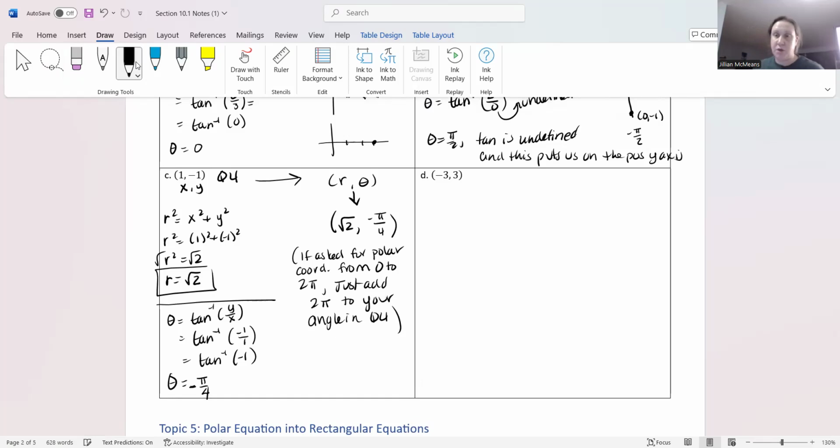This is only going to be an issue if you fall in quadrant 4, okay? And again, it just depends on if you're asked to find polar coordinates from 0 to 2 pi. If you're not given that stipulation, negative pi over 4, perfect, okay?